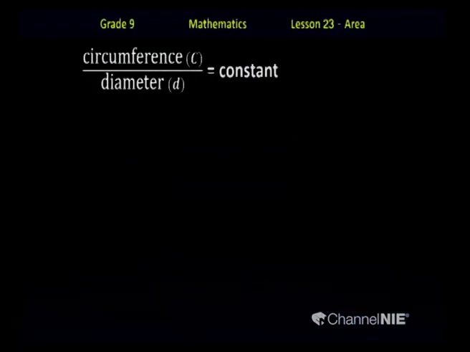How you can get constant? Then circumference is divided by diameter. Let's use the symbols. C is divided by D. Then you will get a value, approximated value close to 3.141. It is not divisible, so we can keep 3 dots.